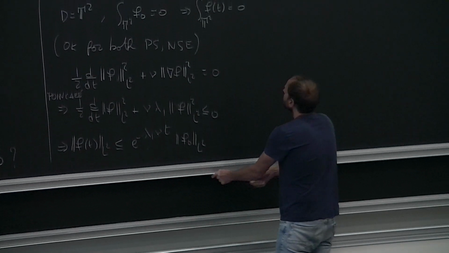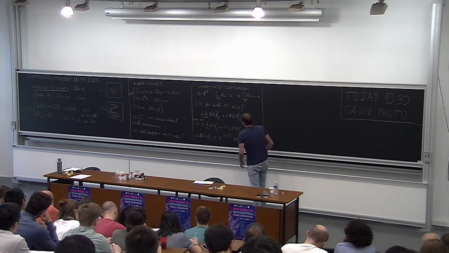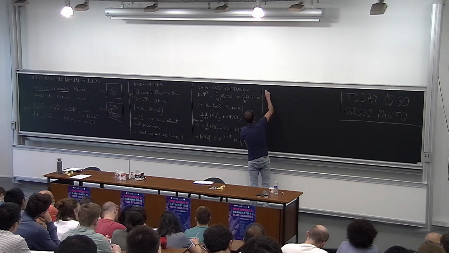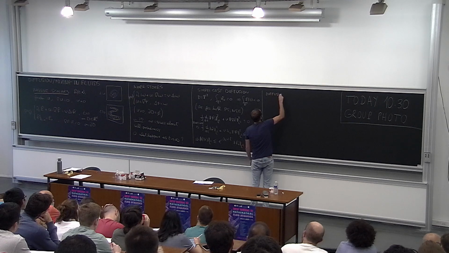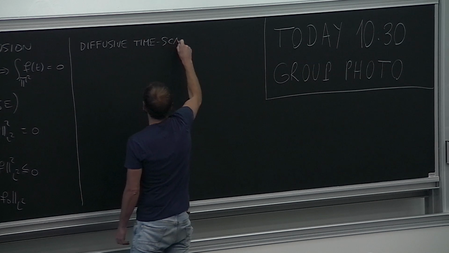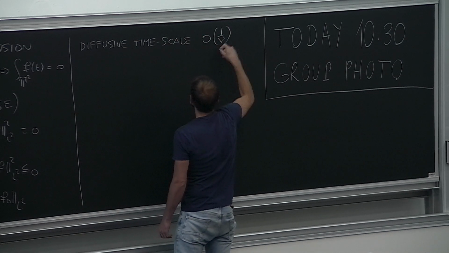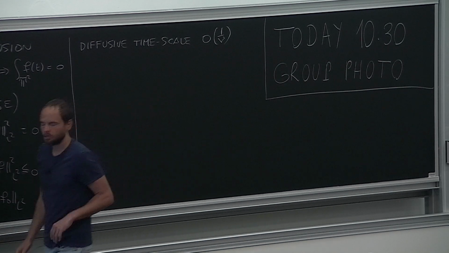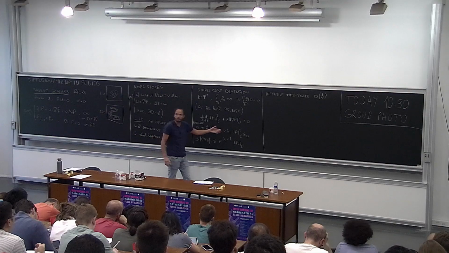So let's say that we have what's called the diffusive timescale, which is O of 1 over nu, the time at which the solution becomes order 1.